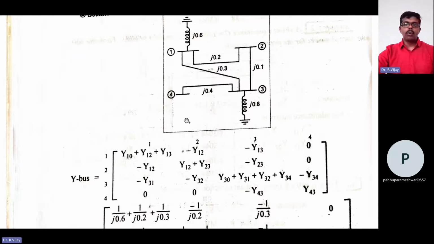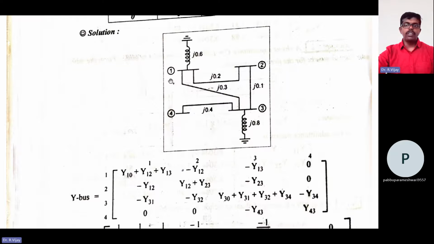So how to formulate Y11? Whatever impedances are joining node 1, you simply need to add. Y10 is there, Y12 is there, and Y13 is there. Next, minus of Y12, and minus of Y13, only one thing is there.